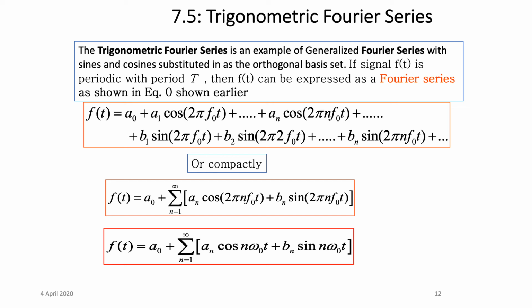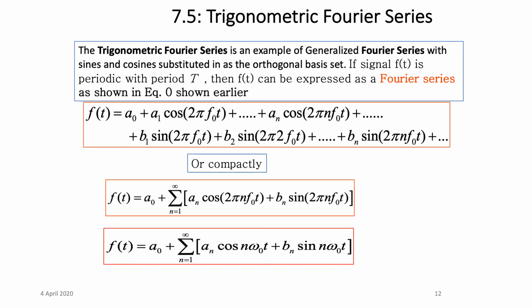Or compactly, we can also rewrite into these two equations. 1: f(t) equals a0 plus the summation of n equal to 1 to infinity of an cos 2 pi n f0 t plus bn sin 2 pi n f0 t.